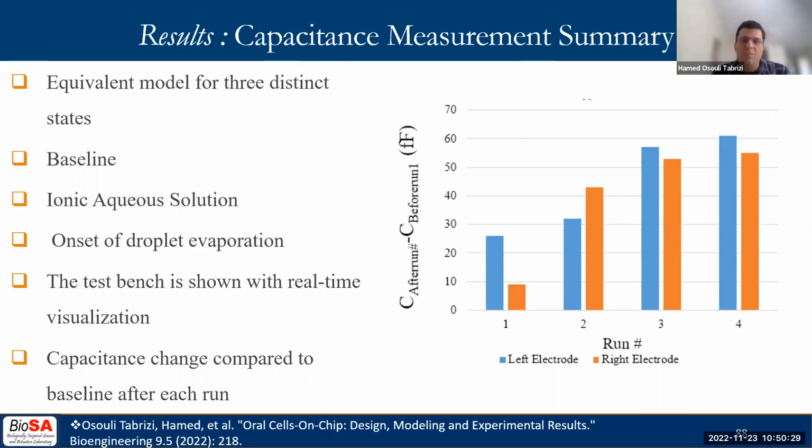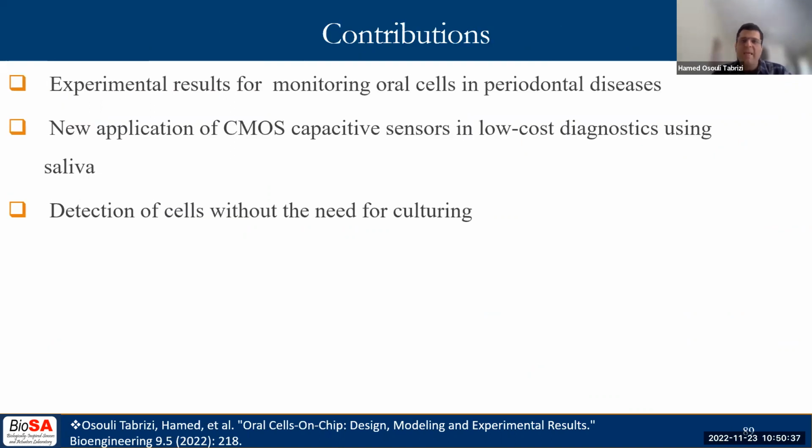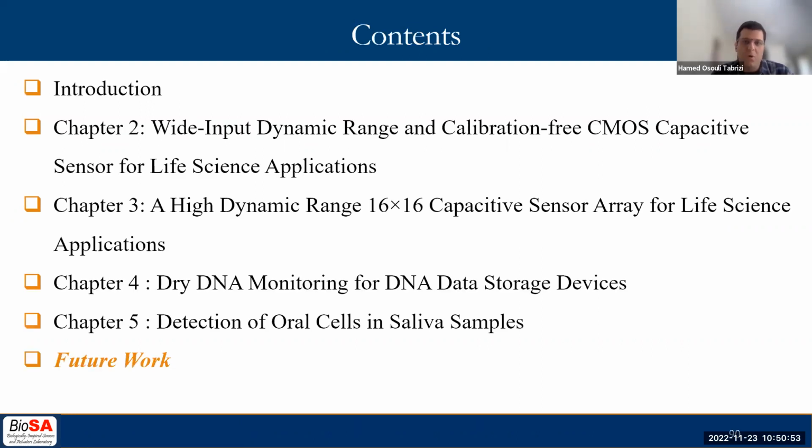A correlation between the amount of cells that covered the surface of electrodes after each run and the change in the capacitance is observed. In summary, experimental results were presented showing that the CMOS capacitive sensor chip can be used for measurement of the amount of oral cells attached to the electrode. This opens up a new avenue for measuring cells that cannot be cultured, such as oral cells.